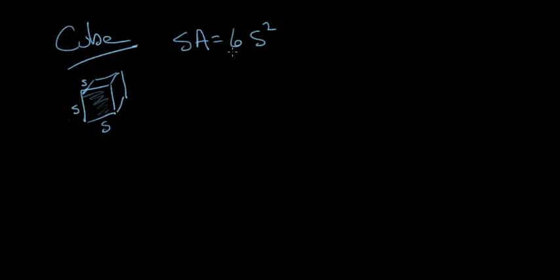So the total surface area, remember you have 6 sides on this cube. So your total surface area is 6 sides, and the area of each side is s times s, or s squared. So the surface area of a cube is pretty easy. It's 6 times s squared.